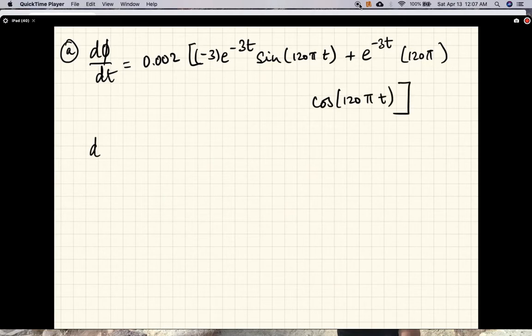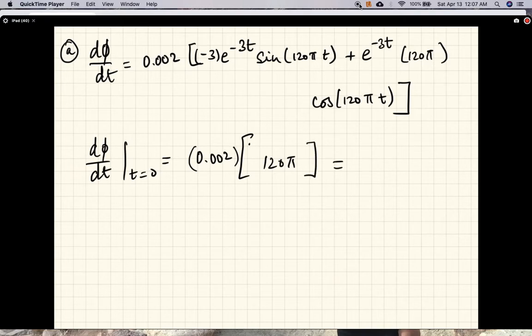We evaluate this at t equal to 0. The exponential is 1 and sine of 0 is 0, so this term drops out. Cosine 0 is 1, so at t equal to 0 this is equal to 120 pi.